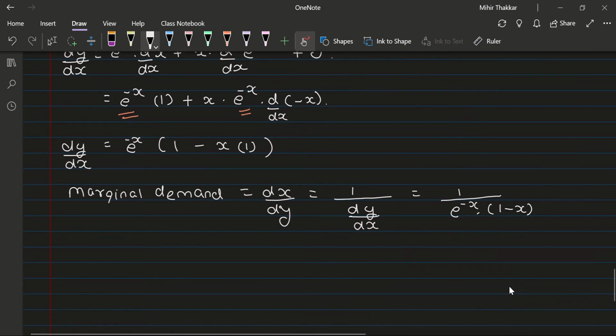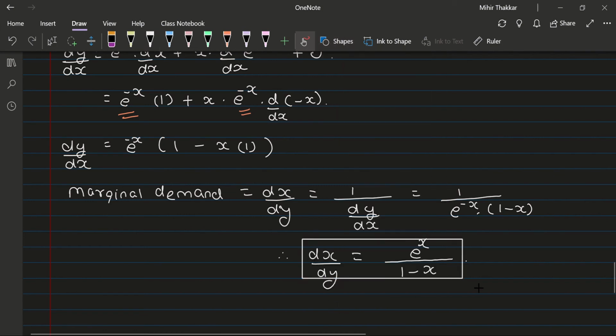And we can say that therefore dx by dy is equal to this e raised to minus x. In order to make the power positive, we write it in the numerator as e raised to x, and this 1 minus x is left as it is. So I get the answer e raised to x upon 1 minus x.